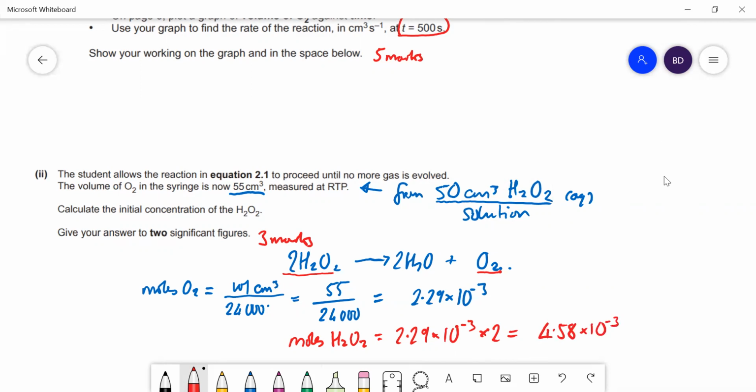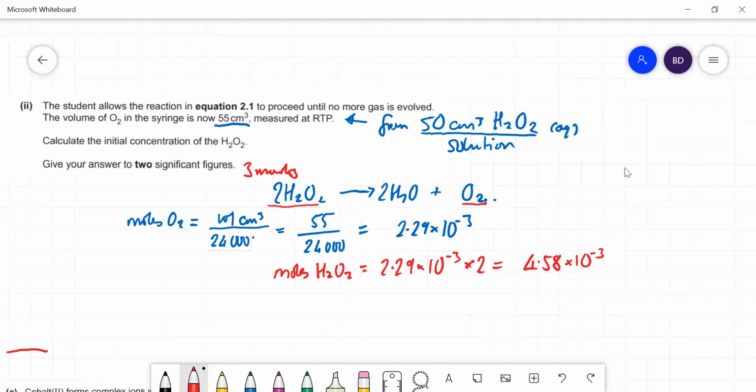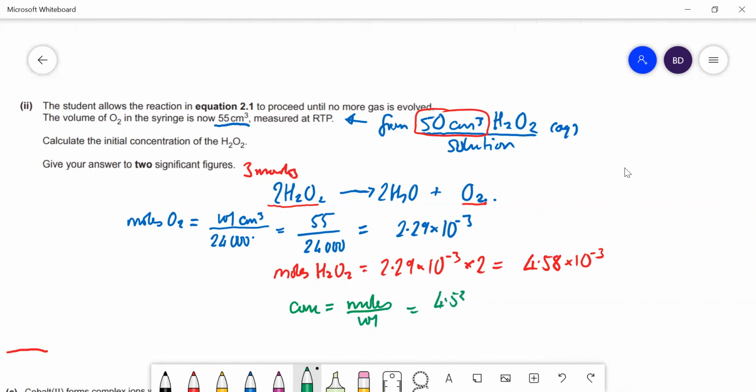Okay, now that's how many moles of hydrogen peroxide we had, and it came from this volume, 50 centimeters cubed. So concentration is equal to moles over volume, equal to 4.58 times 10 to the minus 3 divided by the volume, which is 50 over 1,000 dm cubed, and that gives us a value of 0.0916 moles per decimeter cubed.